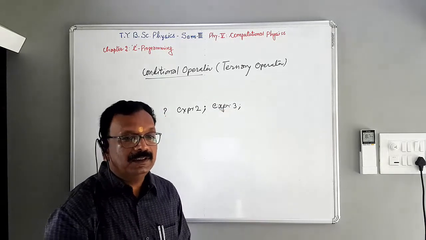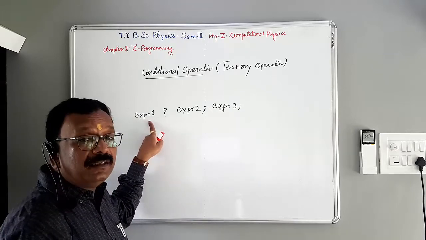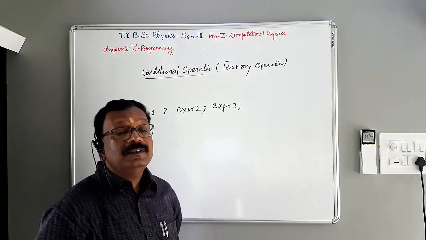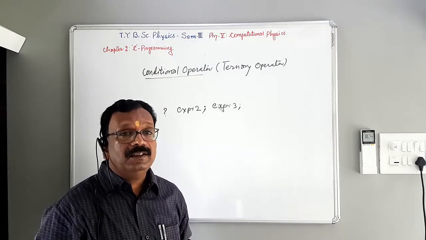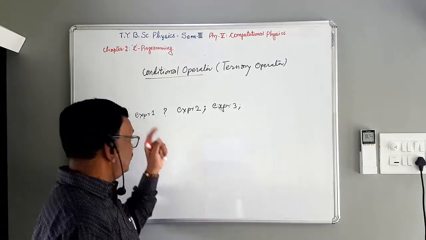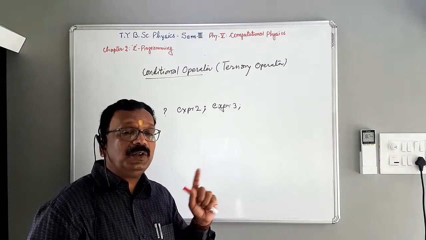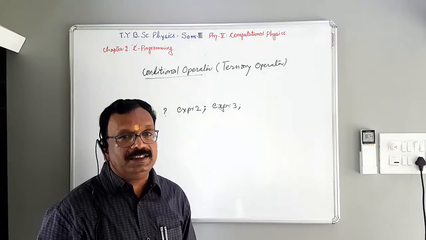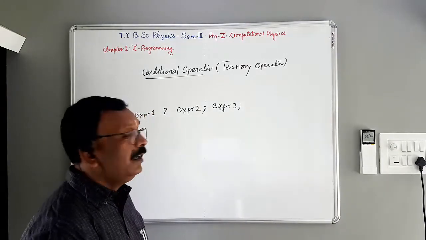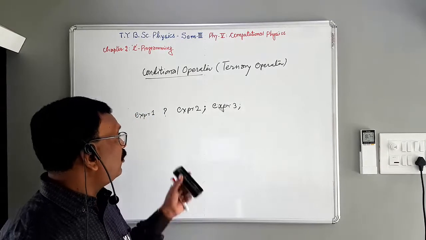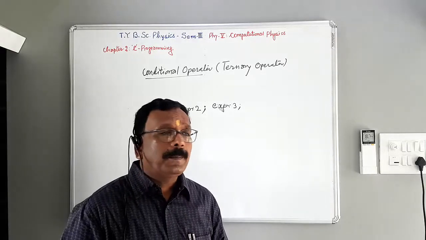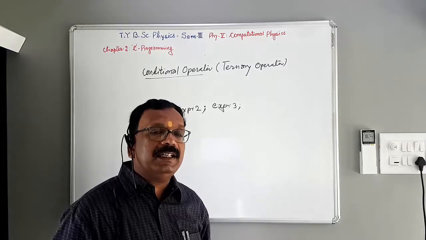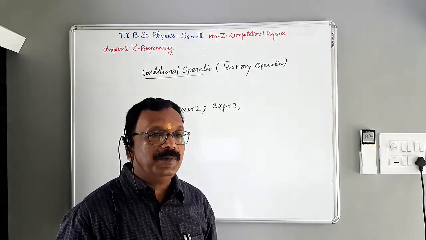If the first expression is true, then execute the second expression. If the expression is not true, that is false, then don't execute the second expression. Now this is the general format of the conditional operator, or we can say this is the syntax for the conditional operator.